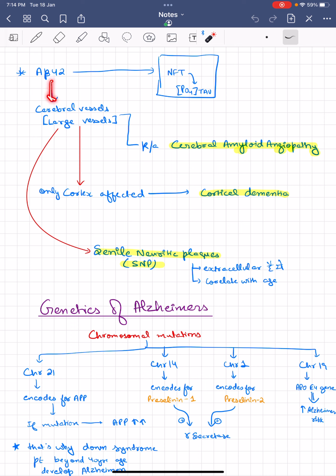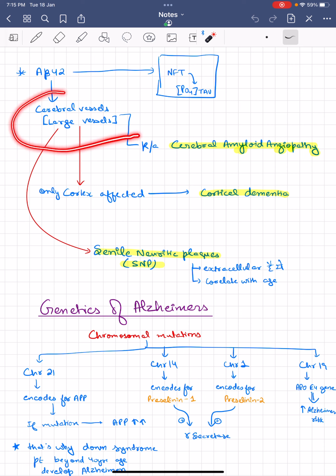A beta 42 pathology of the cerebral vessels would lead to cerebral amyloid angiopathy. The cortical dementia and senile neuritic plaques shall be seen.